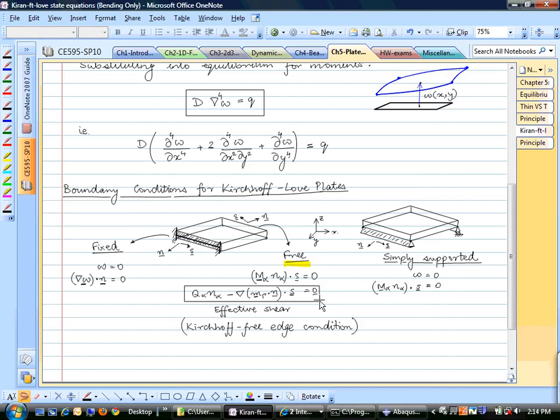So I'm not going to go through the derivation of this, but this is something that you need to keep in mind, that for Kirchhoff-Love plates, there is something called effective shear boundary condition. Normally on a free surface, we say that shear is 0, moment is 0. But for Kirchhoff-Love plates, on a free edge, you cannot say directly that the shear is 0. What is 0 is something called effective shear. And this is the Kirchhoff free edge boundary condition.